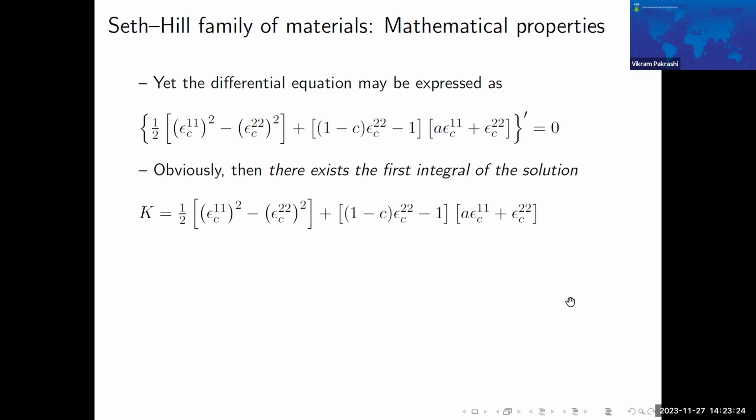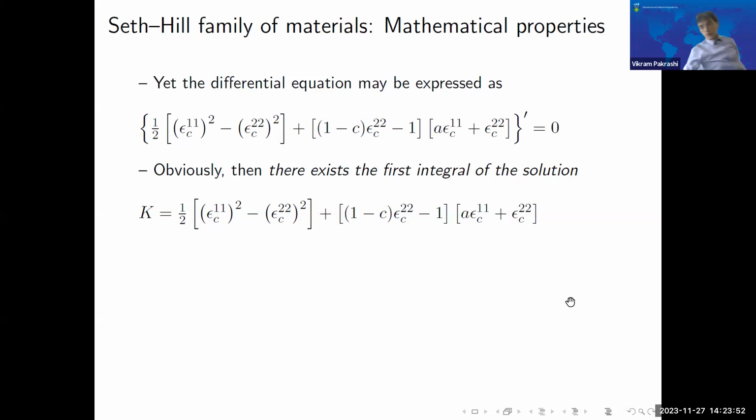Okay, and how do we compute it? We compute it very easily. So it's constant through the cross section, which means that it's the same at the top and the bottom. And on the top and the bottom, we know that we do not have any through-the-thickness stresses, which means that the longitudinal and the transversal strains are related.